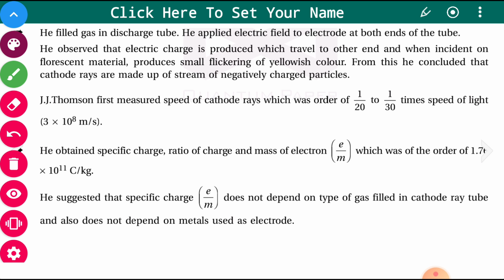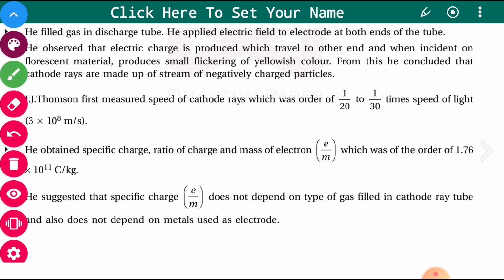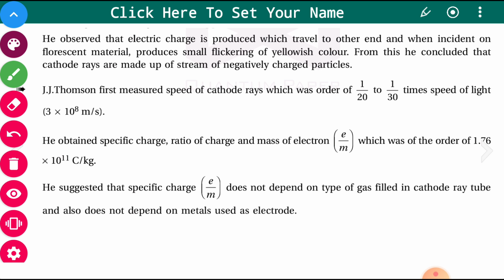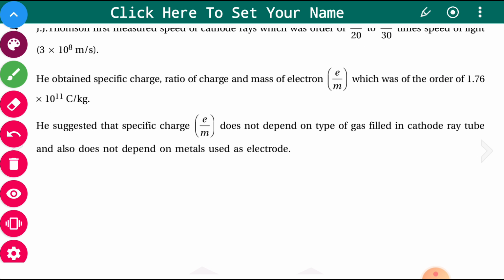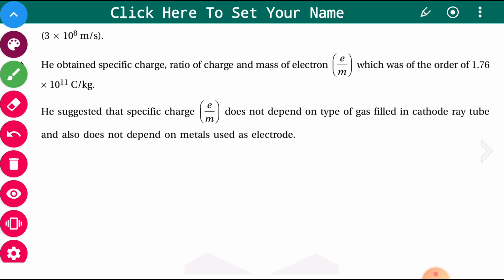From this, he concluded that cathode rays are made up of a stream of negatively charged particles. Then J.J. Thomson first measured the speed of cathode rays, which was observed to be of the order of 1/20 to 1/30 times the speed of light, that is 3 into 10 raised to 8 meter per second. He also obtained the specific charge, that is the ratio of charge and mass of the electron, which was found to be 1.76 into 10 to the power 11 coulomb per kg.